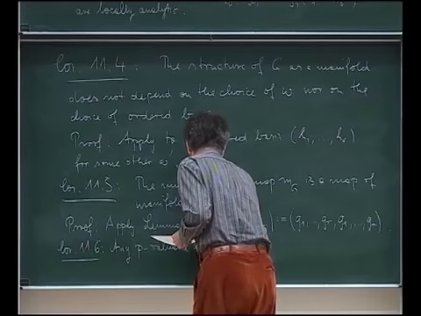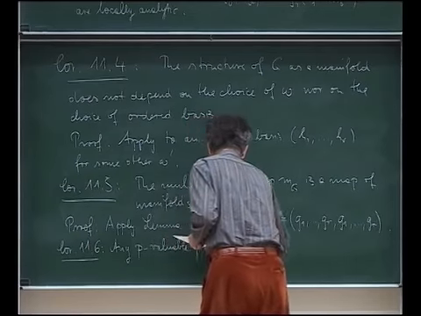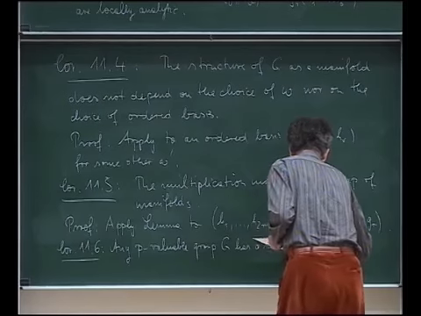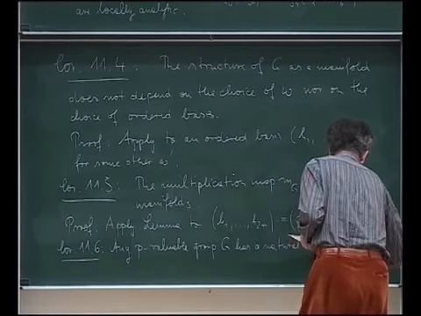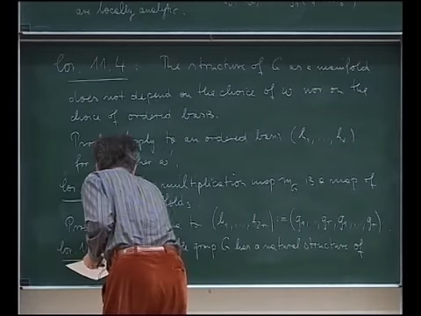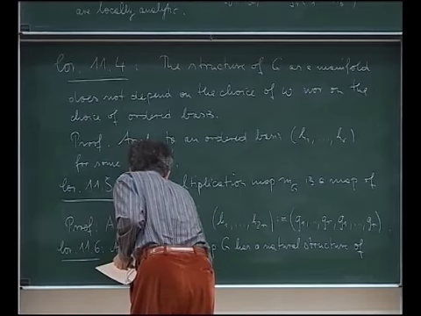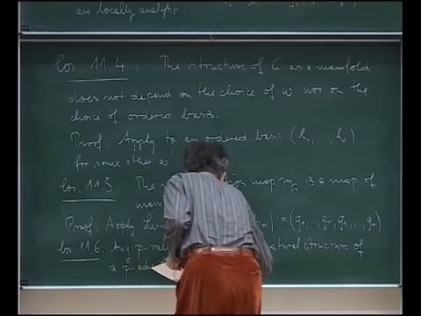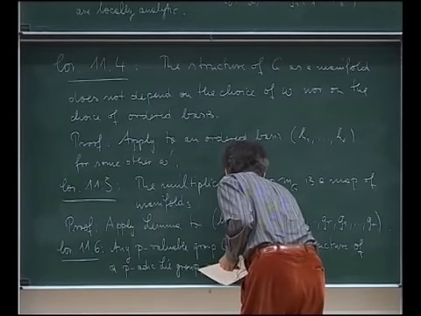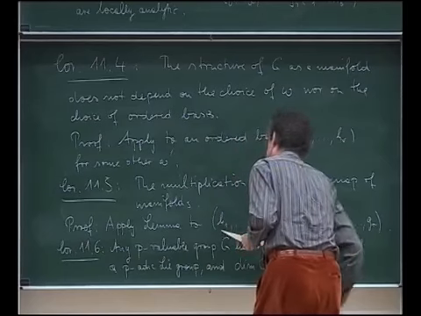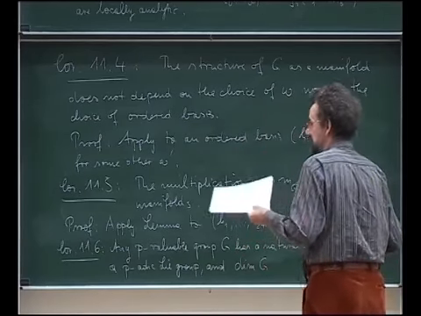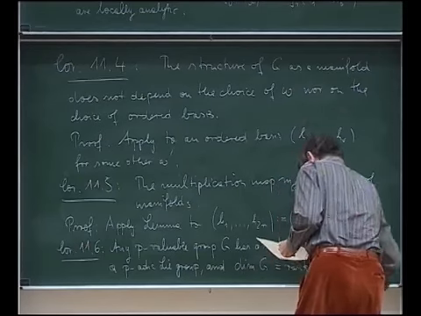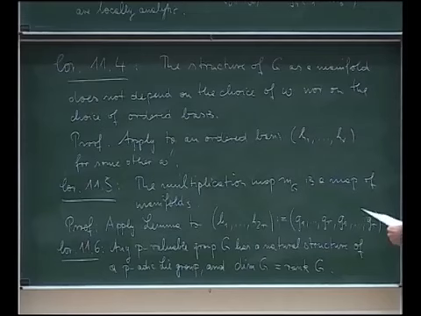So together we can finally formulate: any p-valuable group G has a natural structure of a p-adic Lie group, and of course the dimension of this Lie group can be read off, for example, from the dimension of the chart.